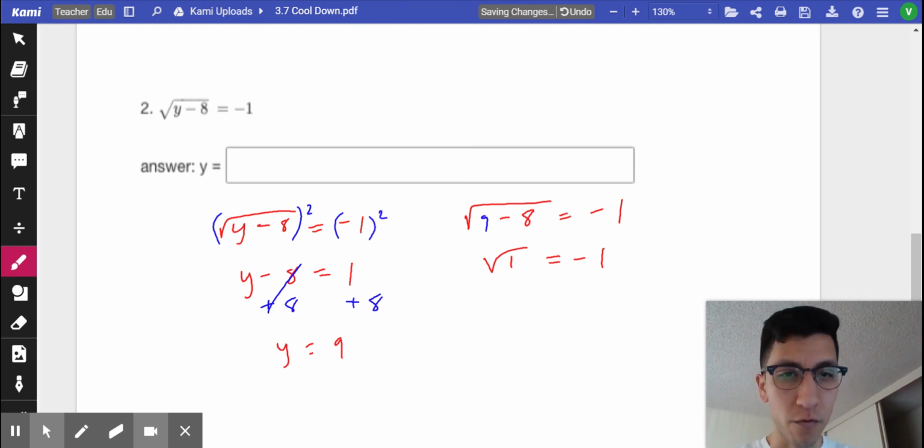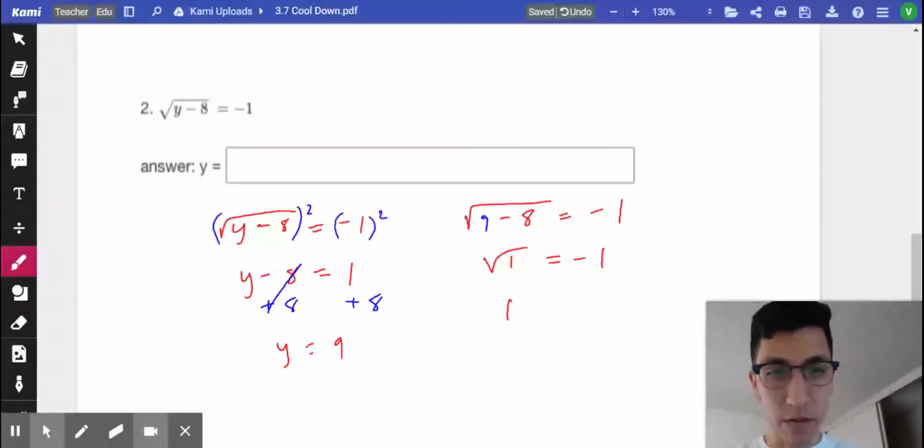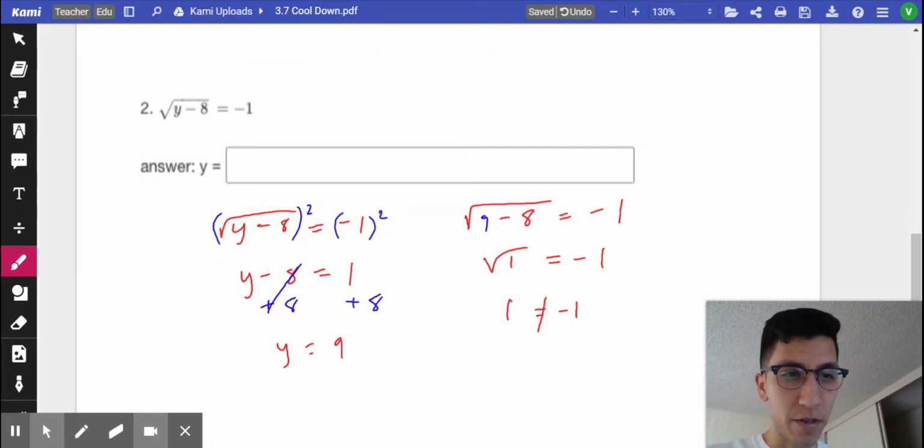Now, does the square root of 1 equal -1? No, the square root of 1 is 1. So as you can see here, these two sides are not equal to each other. So even though we got the solution y equals 9, okay, it's not actually a solution because when we plug it in, it doesn't make a true statement, okay?